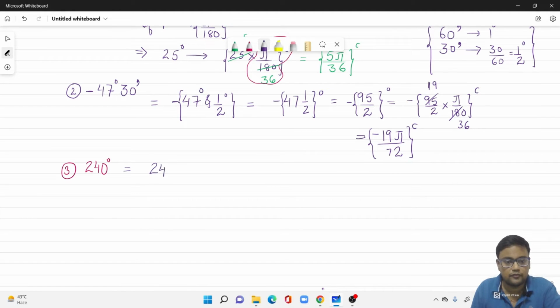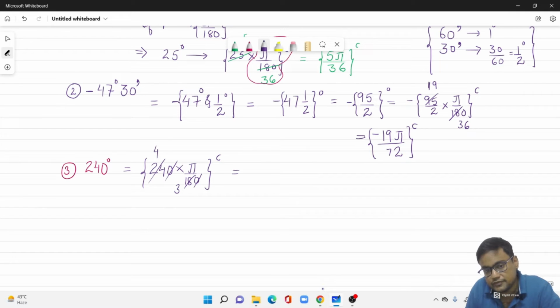To convert from degrees to radians, we have to multiply this value by pi by 180. 0 cancels out with 0. 6 4s are 24, 6 3s are 18, hence the value is 4 pi by 3 radians. Or you may not use this superscript c, it is totally up to you. So this is the answer.